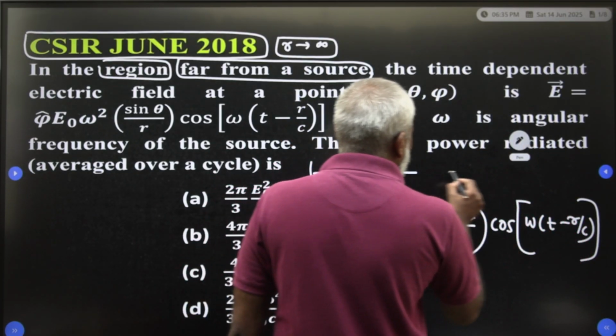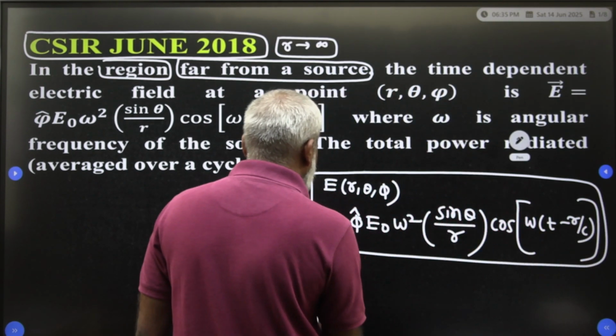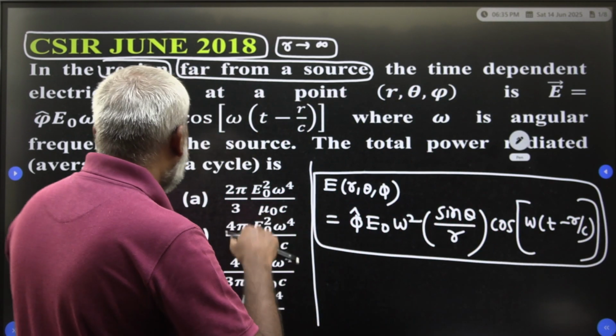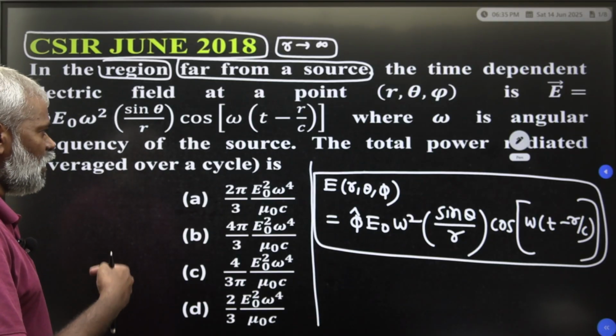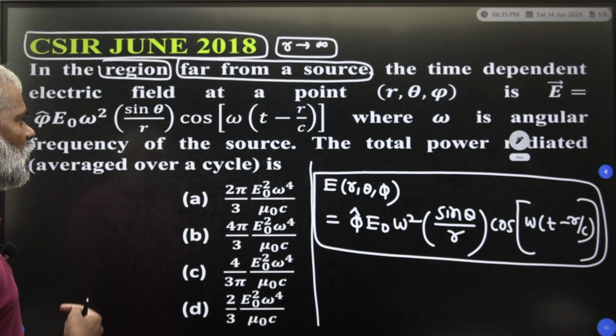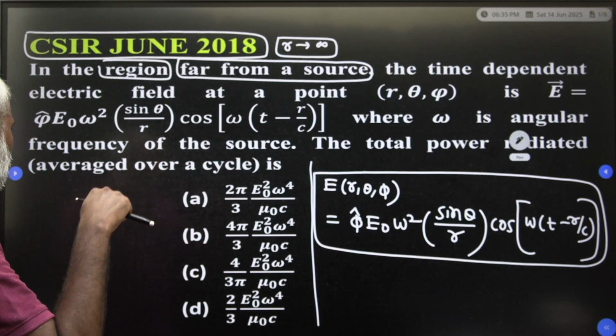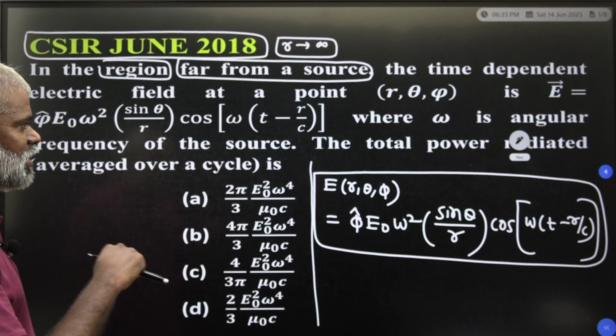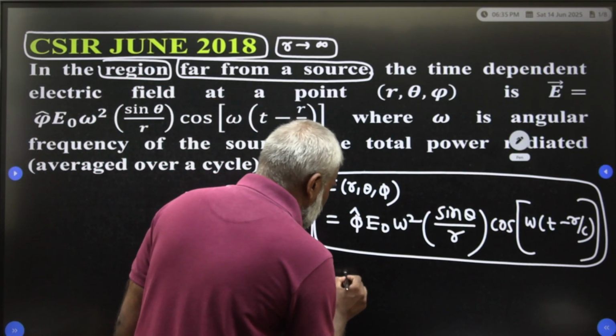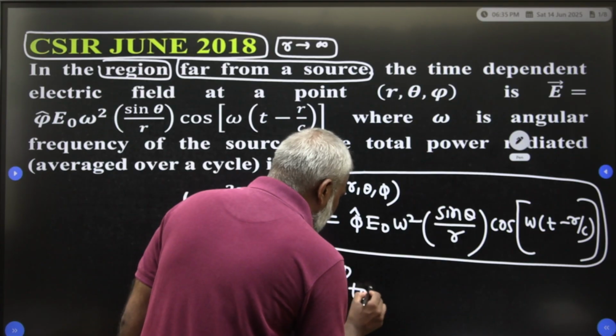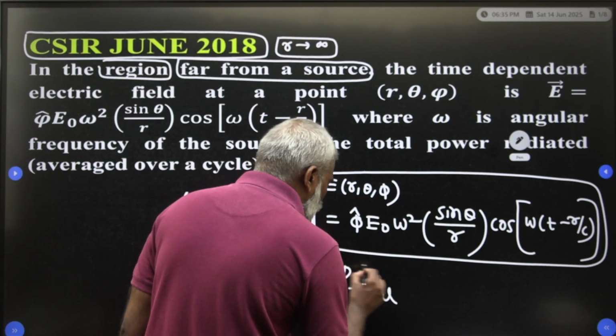This is the electric field for the radiation, where omega is the angular frequency of the source. They are asking for the total power radiated.